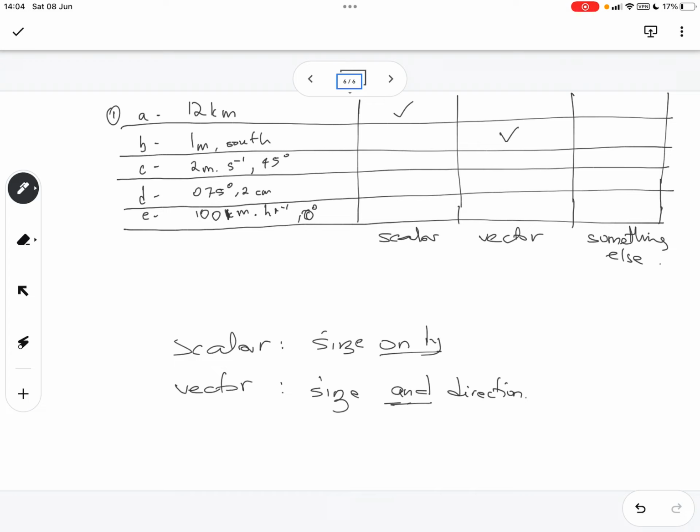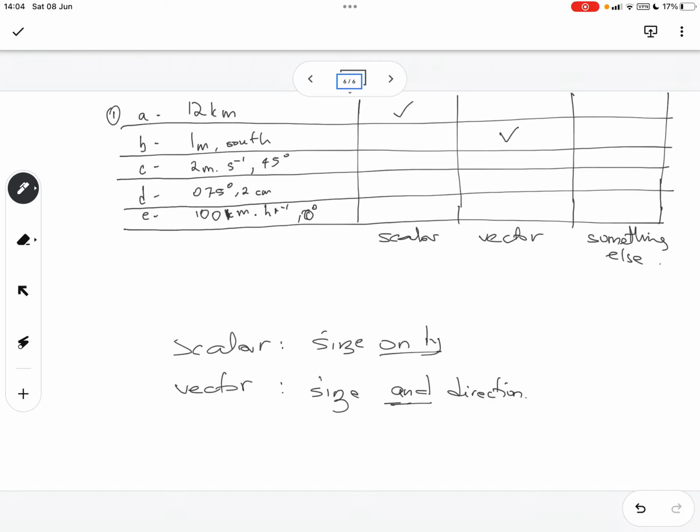And then B. Vector. It's a vector. Why is it a vector? Because it has a size and a direction. 100%. It has a size and a direction, not just direction. I got Magdalene. Yes, you say everything in full.